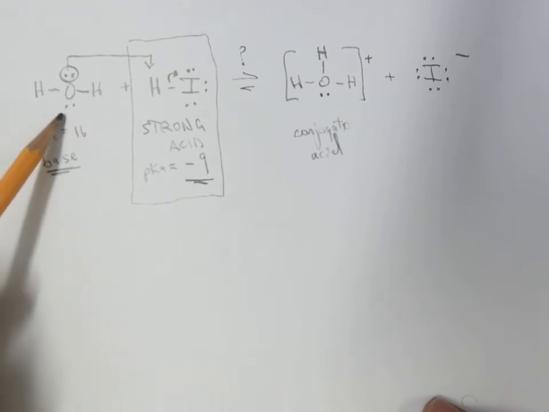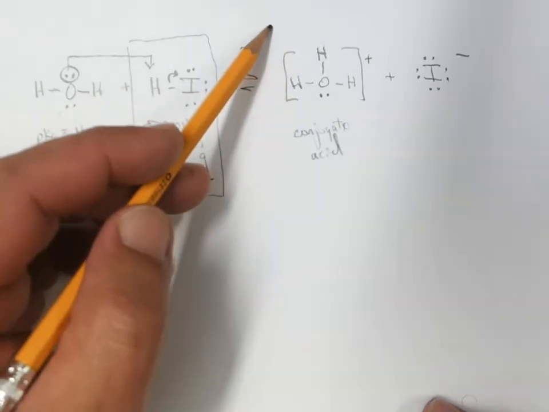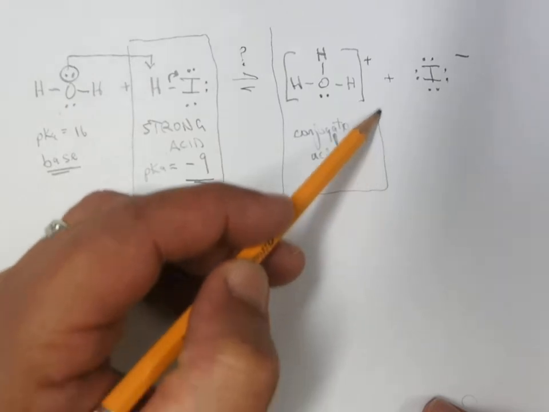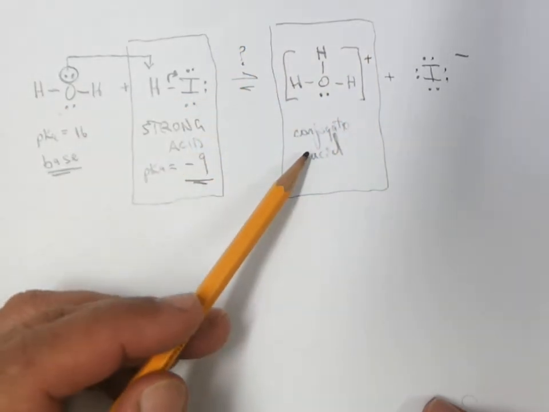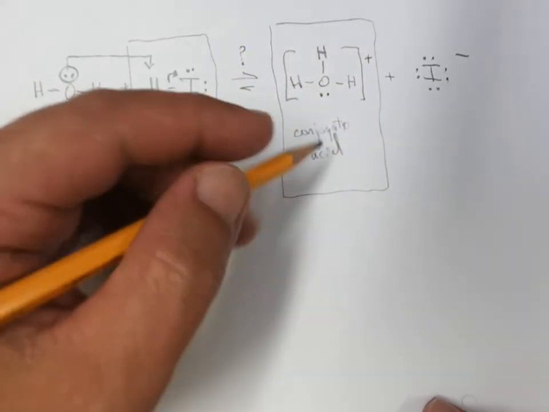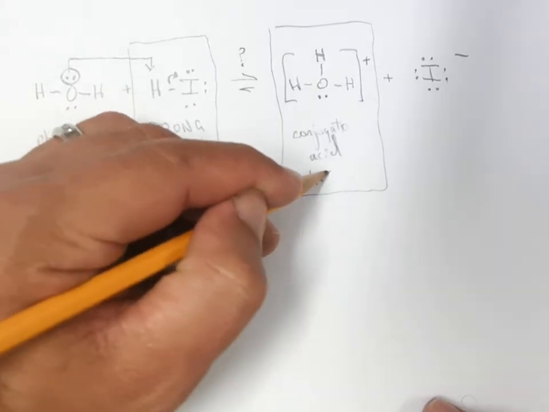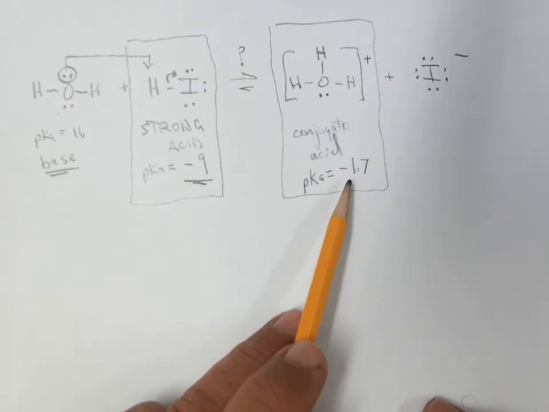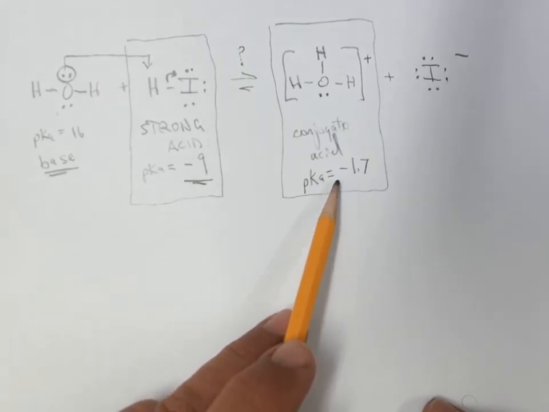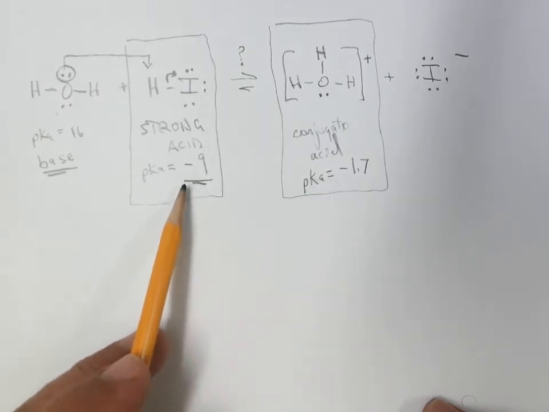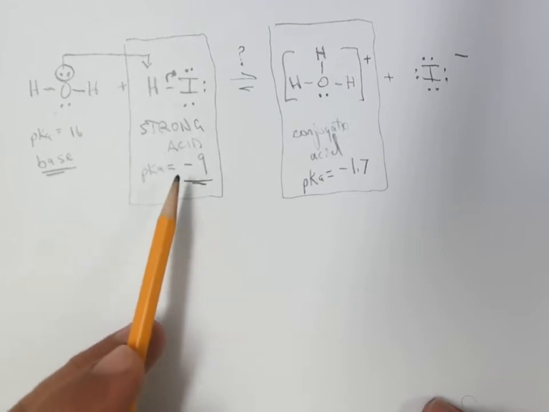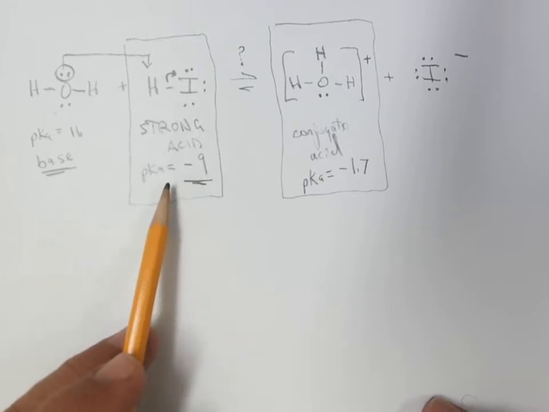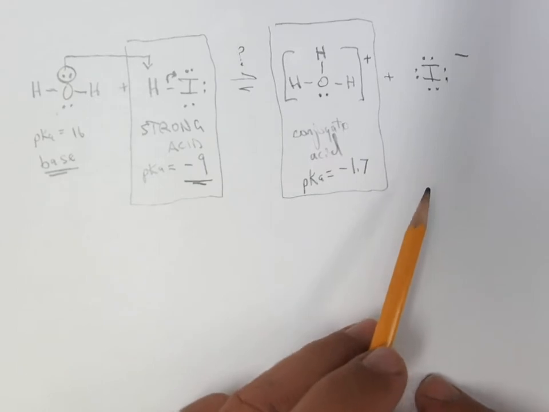So the water, when it grabbed the H plus, turned into its conjugate acid, the hydronium, and the hydronium has a pKa, which we should know, of about -1.7. We can compare the acidity of the hydronium to the acidity of the HI. The stronger acid is going to react and force the reaction in the opposite direction.